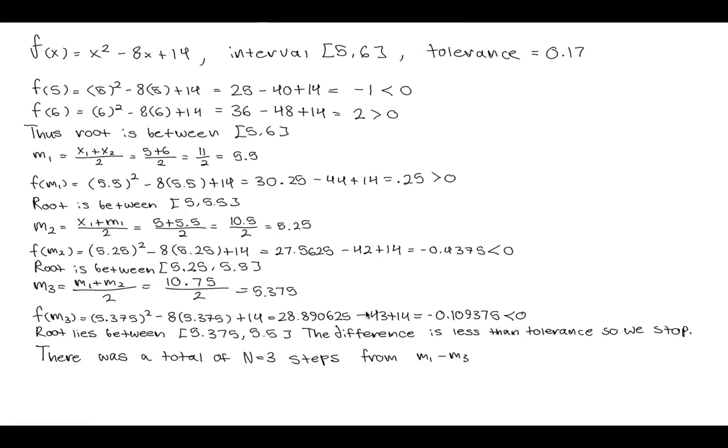But we also get that the difference between this interval is less than our tolerance, 0.17. So the difference here is 1.25, and our tolerance is 0.17. 1.25 is less than 0.17. So we stop, and we have found our root, given the tolerance and the interval.